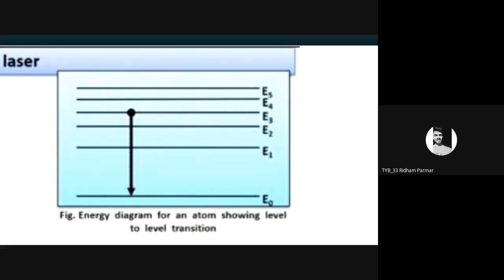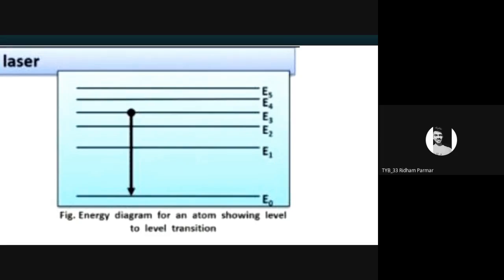So this chain reaction continuously happens, and stimulated emission of the photon will take place. This sequence of triggering of cloned photons from stimulated atoms or molecules is called stimulated emission.